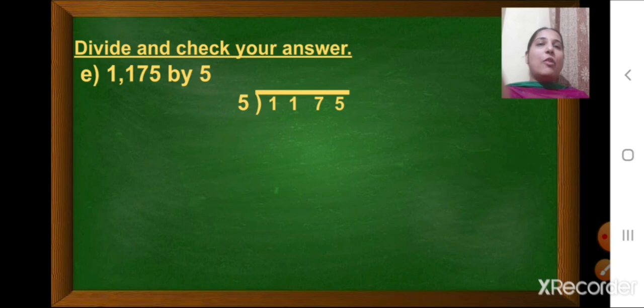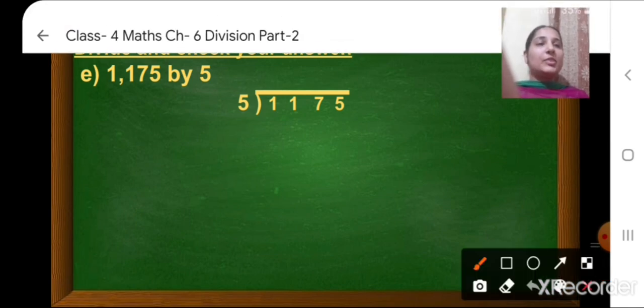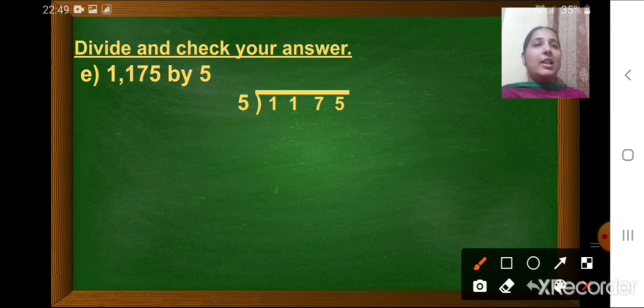So now we have, divide 1175 by 5. So children, how will we do this division? First we will take this 1 here, but 1 is smaller than 5. So what will we do? We will take one more digit from the dividend. So now we have 11.